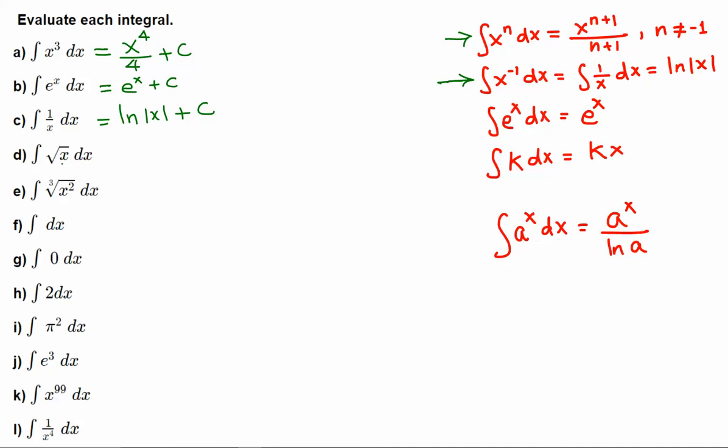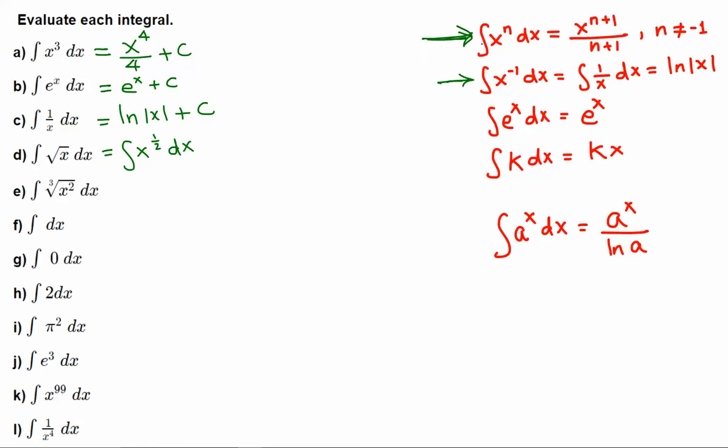Here we've got the square root of x dx. Square root of x means x raised to 1/2. So let me rewrite this function: x^(1/2) dx. Now we can use the power rule.